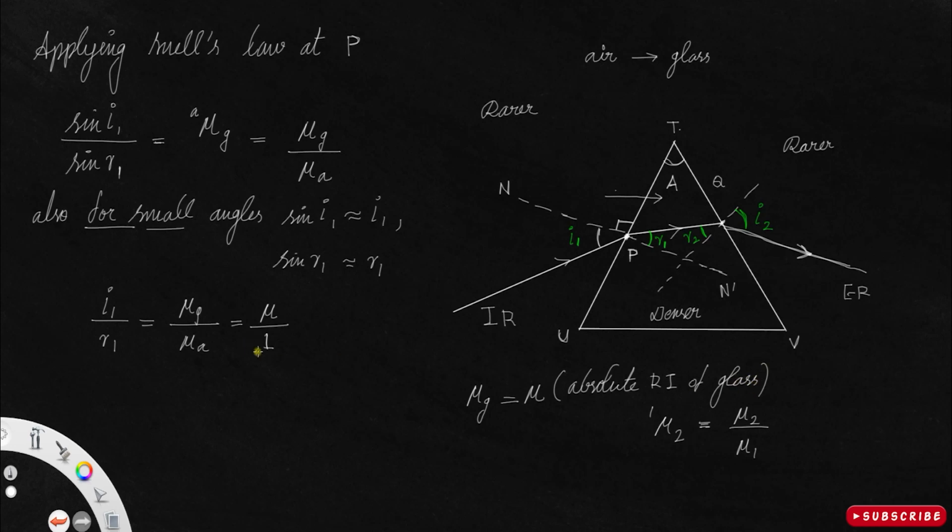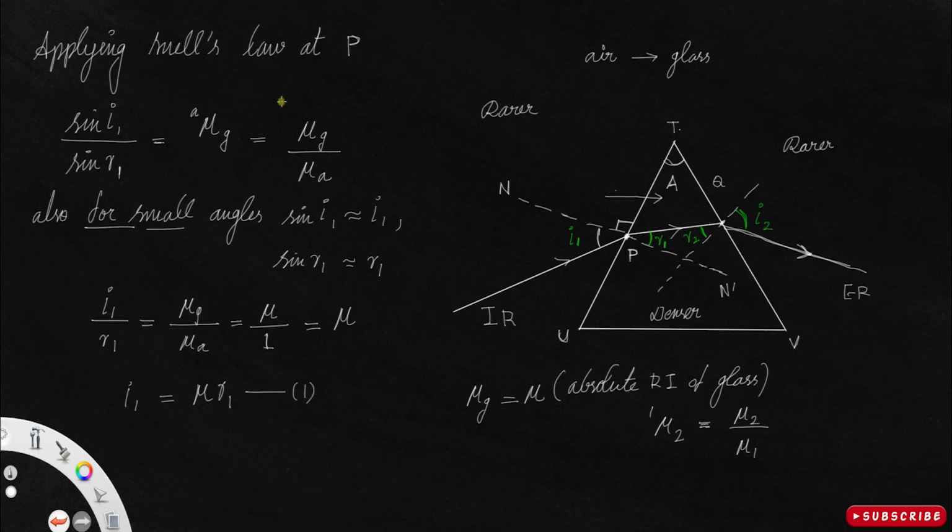Clear? But for air it is 1. So I1 is equal to mu R1, taking R1 to the right. This is the first equation.